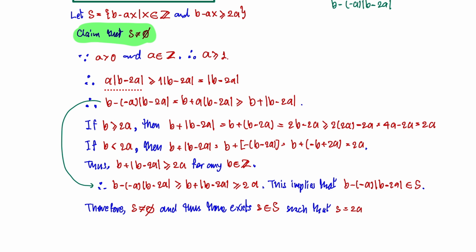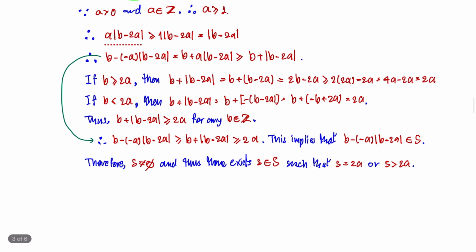Because we have 2a in this condition, or greater than 2a. So we have to split into two cases. Let's go to the first case, the case where s equals 2a.